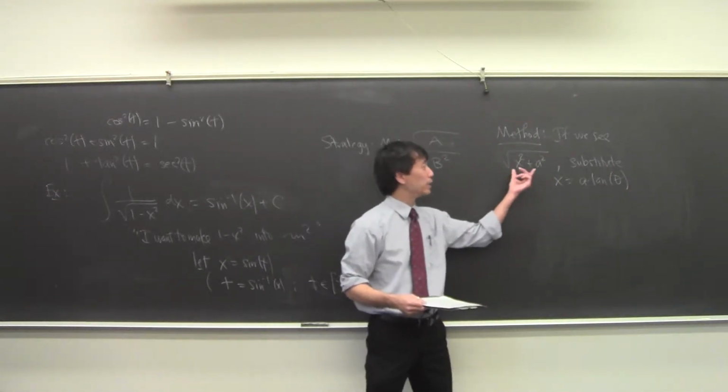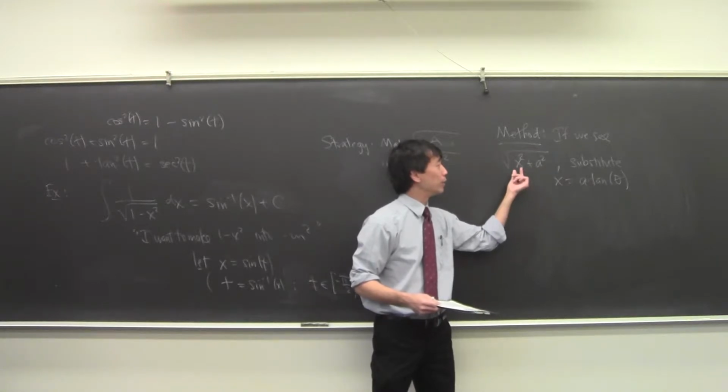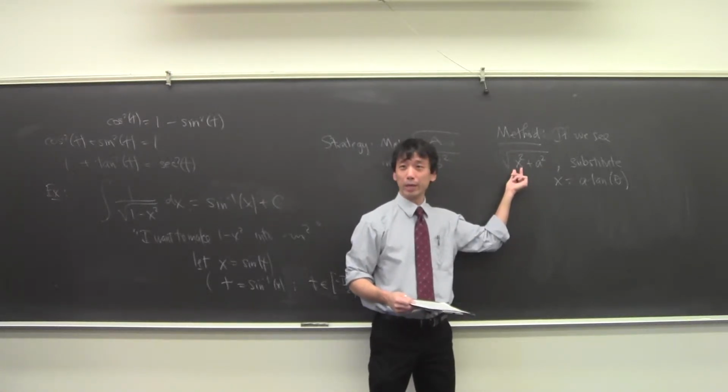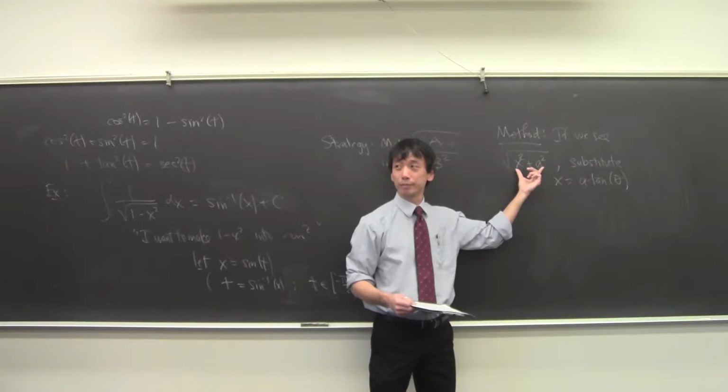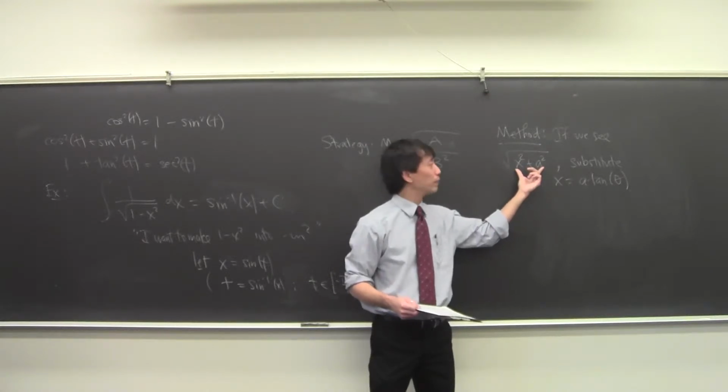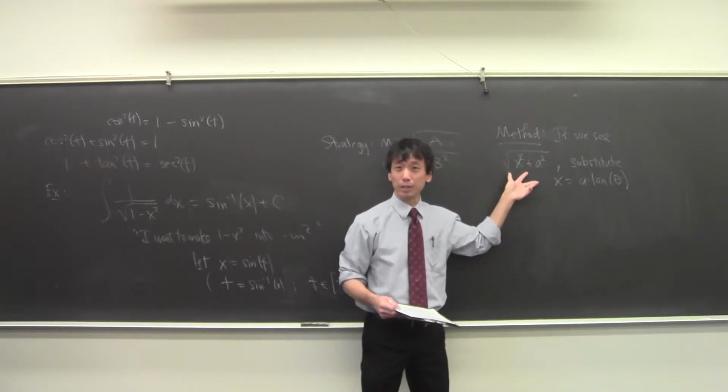Let x be a tangent theta, right? Because then you'll get a squared tangent squared plus a squared. Is that clear?